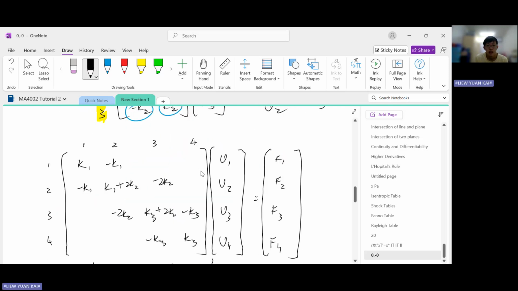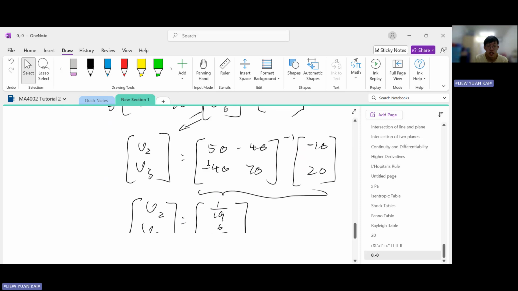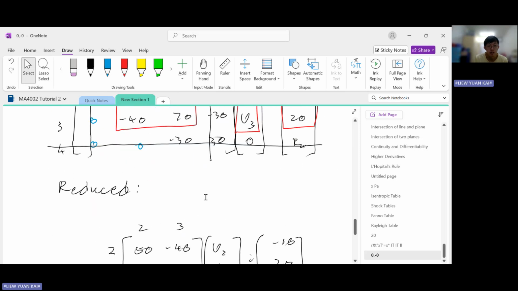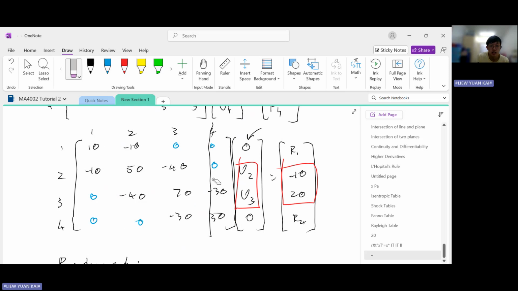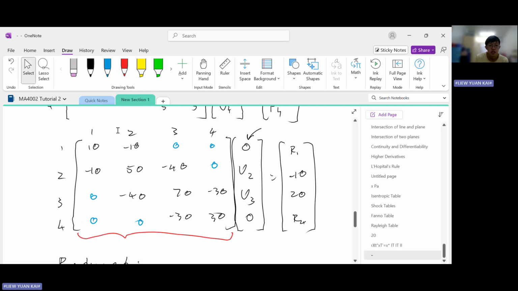Here's a tip for you to check whether you're on the right track when it comes to these FEM problems. Notice here in the global equilibrium equation, to check if you did things correctly, one hint is checking the square matrix here. Ask yourself, is it symmetrical?